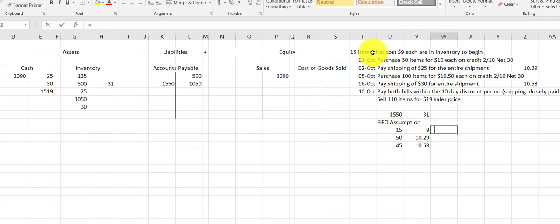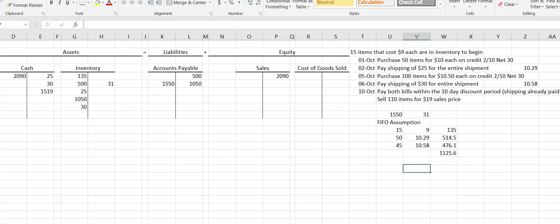So we go ahead and multiply those out, and then add them up, right? So we multiply the number of units we sold times the unit cost. So we're coming from the oldest to the newest, right? So we sold the 15, we sold the 50, we sold part of the 100, and we have 55 of the 100 left.